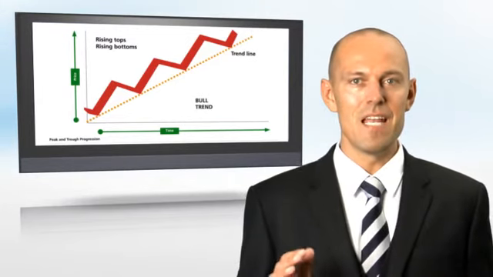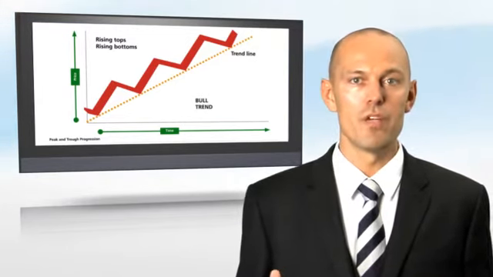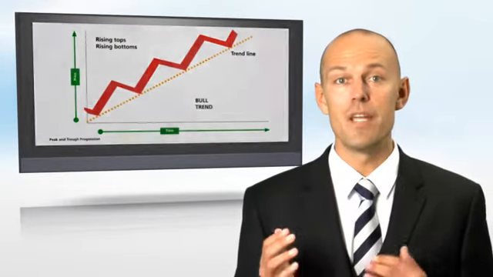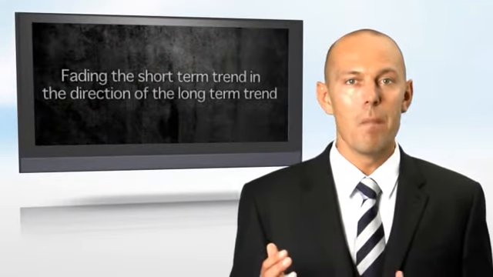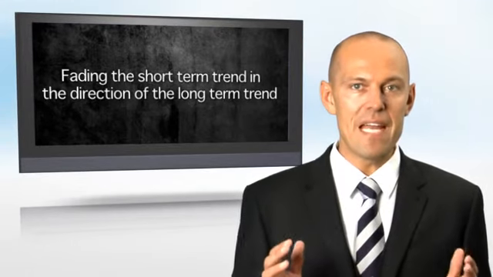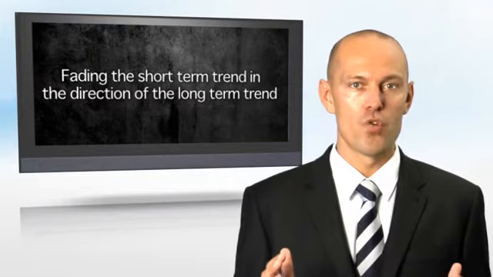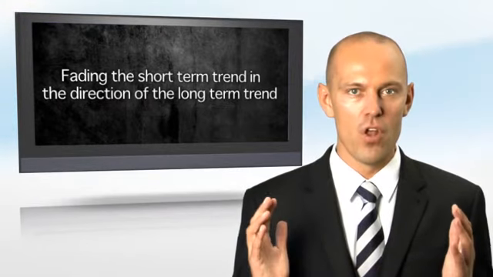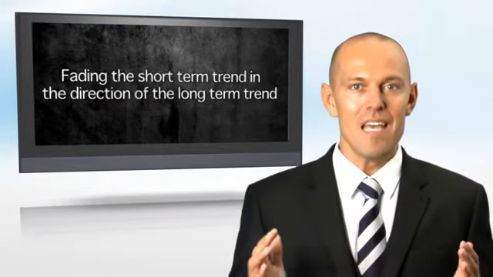But it raises an interesting point which I want to make sure you understand and appreciate immediately. My own trading strategies are based on the principle of fading the short-term trend in the direction of the long-term trend.